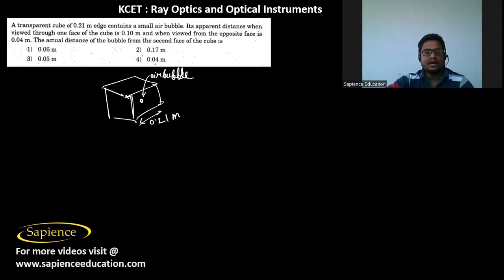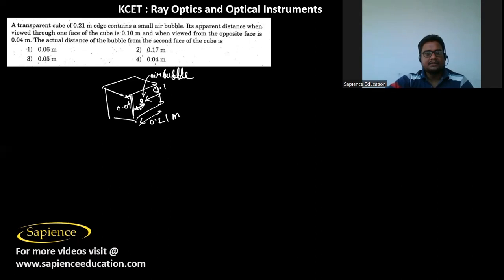Its apparent distance when viewed from one face is 0.1 meter. This 0.1 meter is the apparent depth, and from the other face the apparent depth is 0.04. The actual distance of the bubble from the second face of the cube.